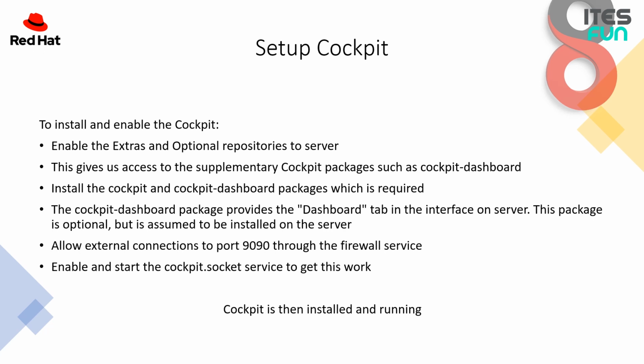This package is optional, but it is assumed to be installed on the server. Then we need to make some changes on the firewall, as we need to allow external connections to port 9090 through the firewall service. Then we have to enable and start the cockpit.socket service to get this to work. After that, Cockpit will be installed and running fine.